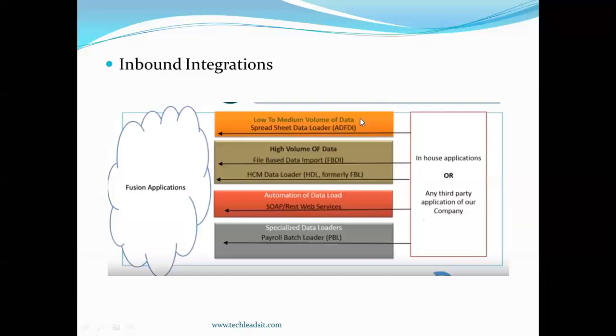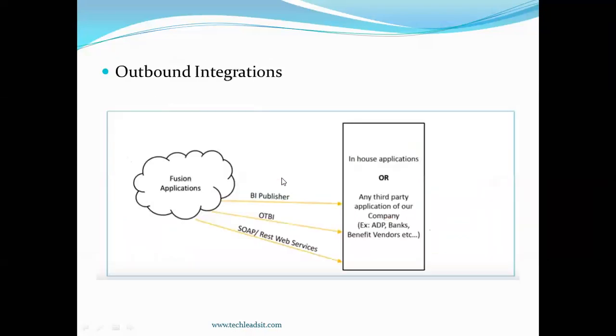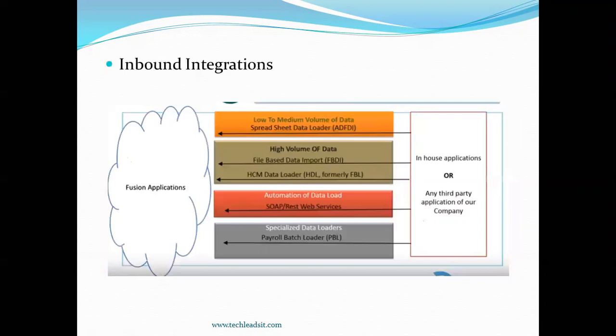And now if you see inbound integrations and outbound integrations, as you know, you are very familiar with EBS, like inbound and outbound interfaces. So generally what we do in EBS for inbound interfaces is we get the data from a CSV file and copy the CSV file to a specific product family folder, and we extract the data with the help of SQL Loader.